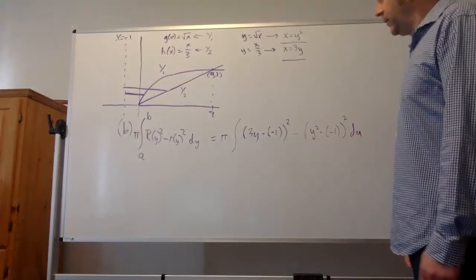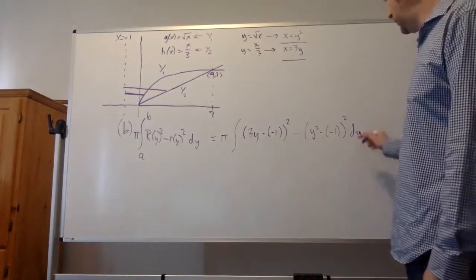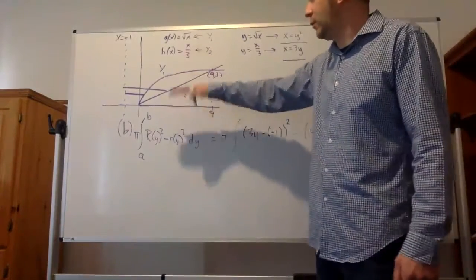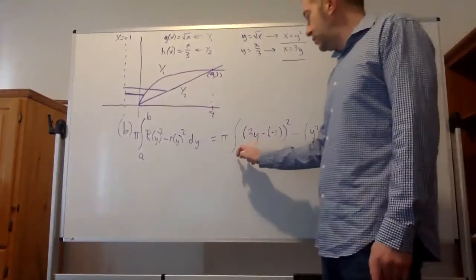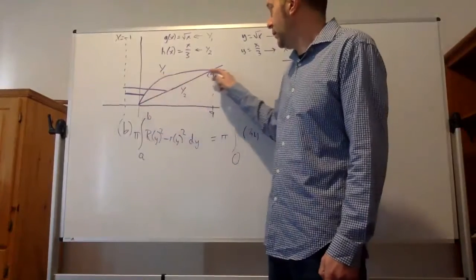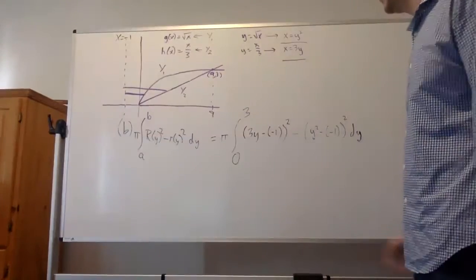So I'm getting there. I would like to know the limits though. Since this is a dy integral, the limits are going to be from the smallest y to the biggest y. The smallest y is 0. That's right here. And then I'm going to move up until I get y equals 3. That's going to be my upper limit.